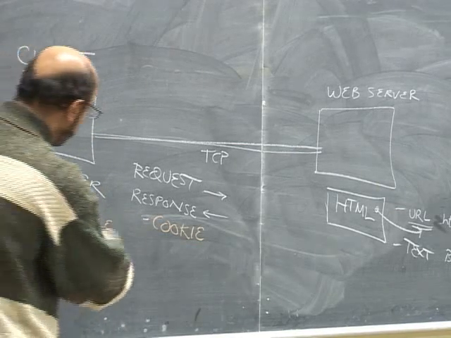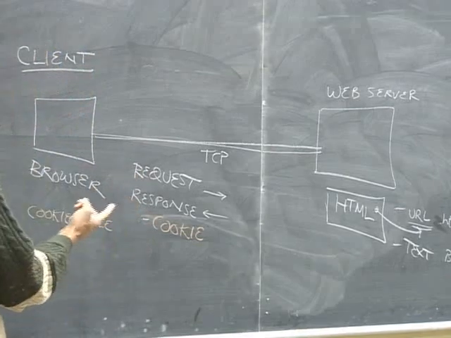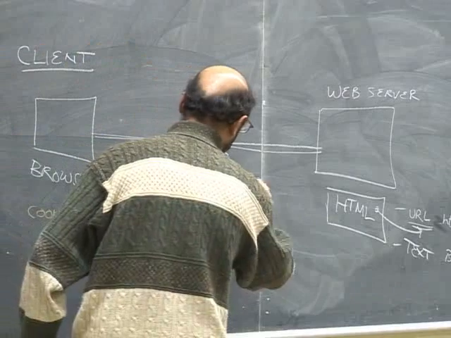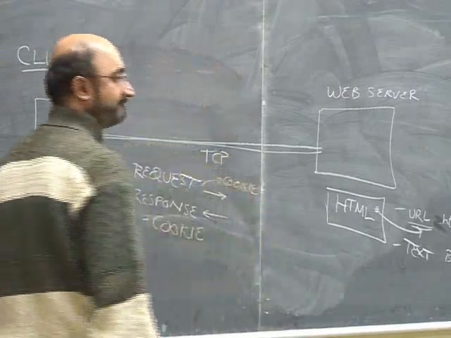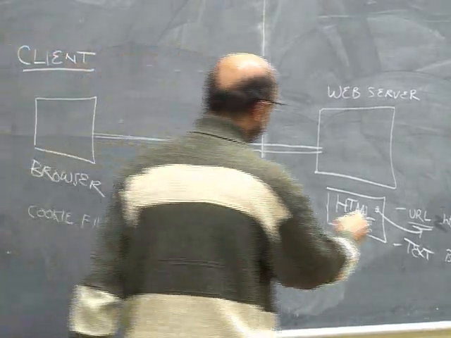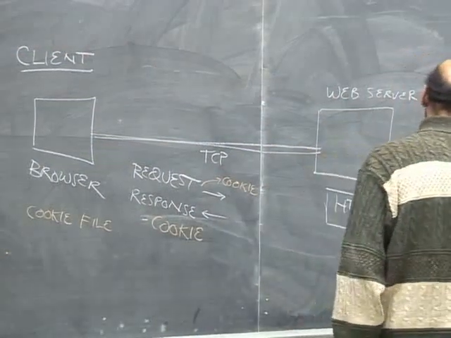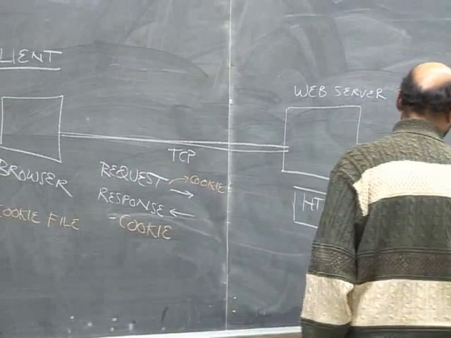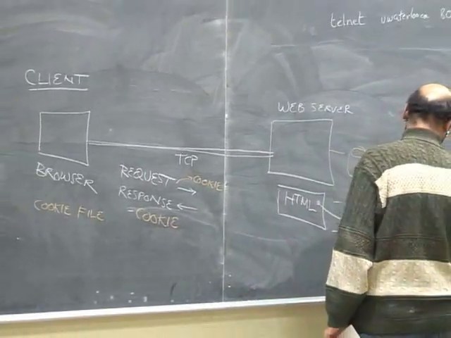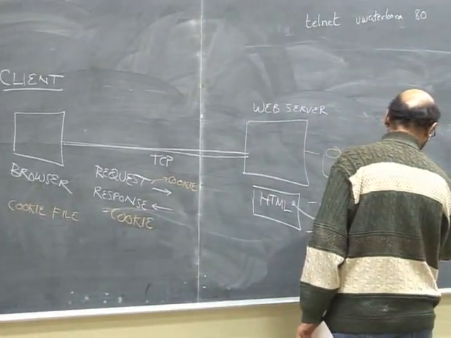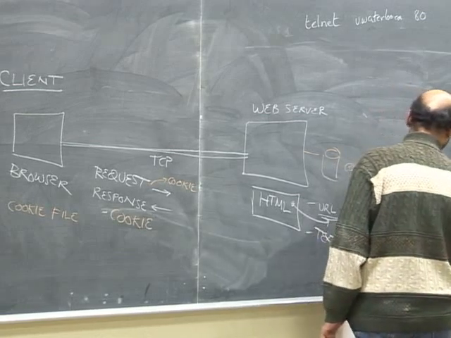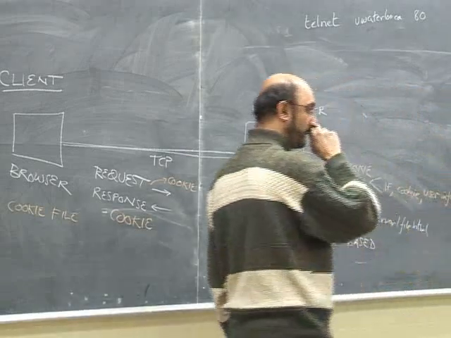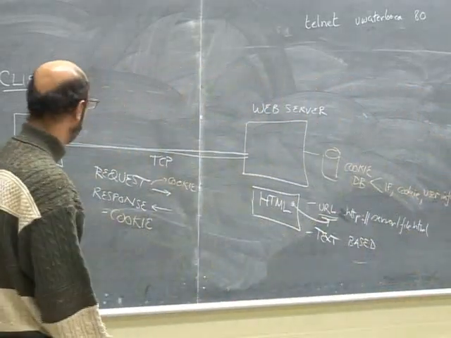The next time it makes a request to the same destination, so next time you go to Amazon, it will send a request and it will send the old cookie back that it had. And what the web server does is it has a cookie database, which has sort of IP address and then cookie and then the user information. What you bought, your account number, anything they want to know about you.